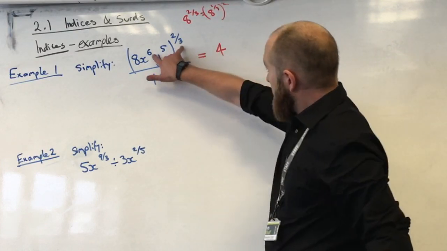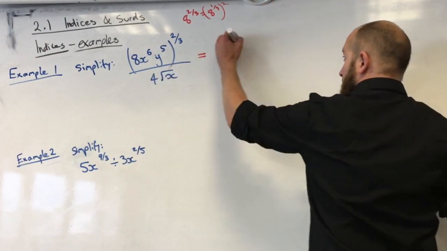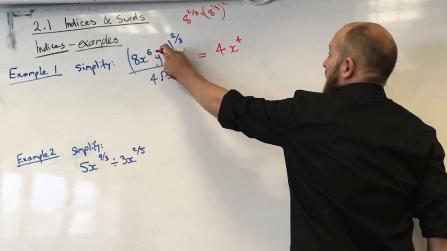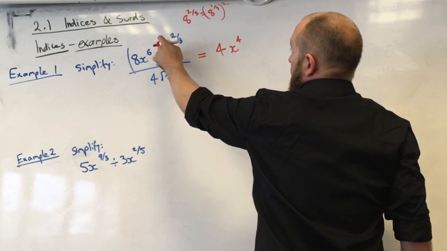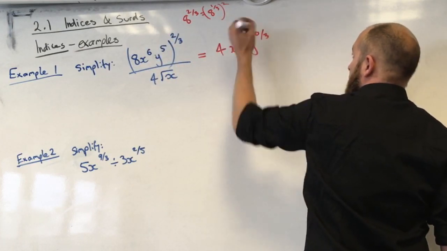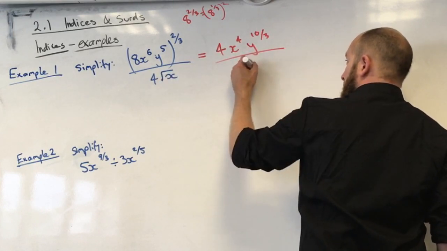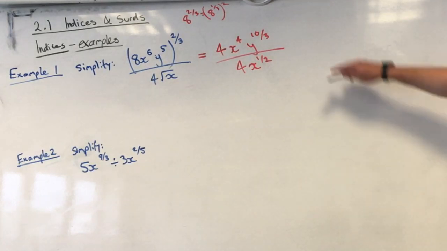For the other ones, we can just times the powers. So 6 times 2 over 3 is going to give us x to the power 4. And y to the power 5 times 2 over 3 is going to give us y to the power of 10 over 3. That's all divided by 4 root x, which we know is 4 x to the power of half. Okay, next step, we just need to divide these.